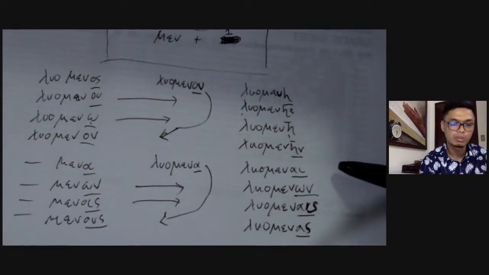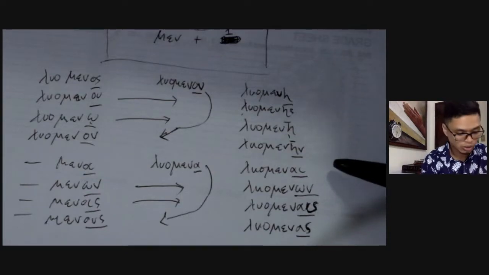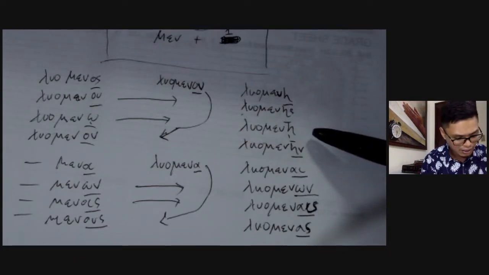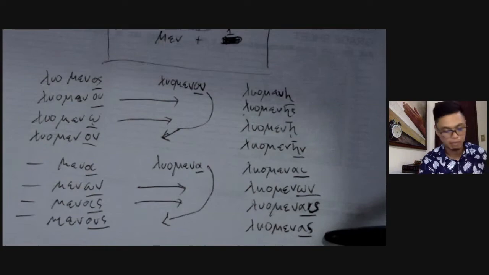So if you memorize minimum 1 and minimum 2, you don't have any problem with the participles. If you memorize the tense identifiers, no problem with the participles either. So it's the same. Luomenes, luomene, luomenein, luomenai, luomenon, luomenais, luomenas. You already memorized all of these.